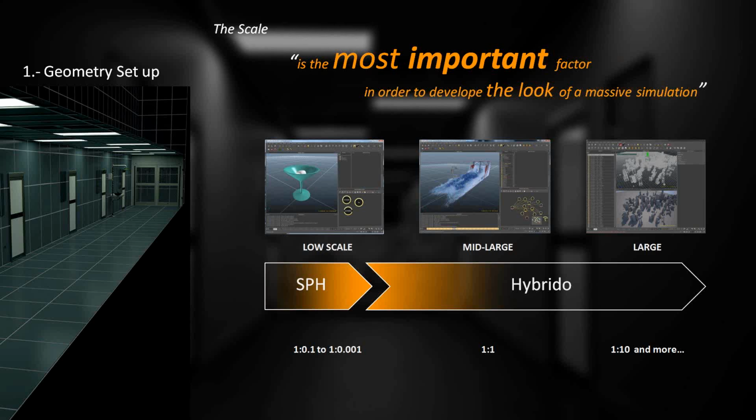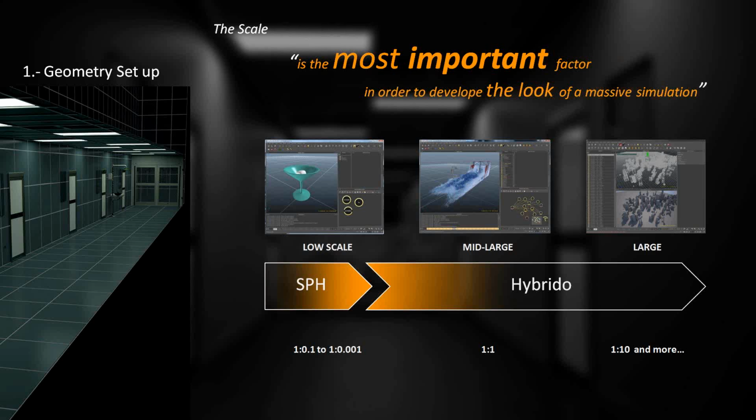It doesn't work that way, actually, because the problem is that if you go that way and try to work with the real scale in these sort of low scale simulations, you will probably need to crank up the RealFlow substeps.